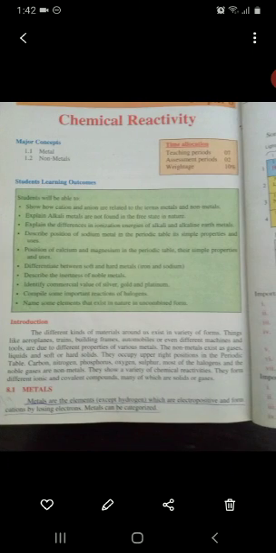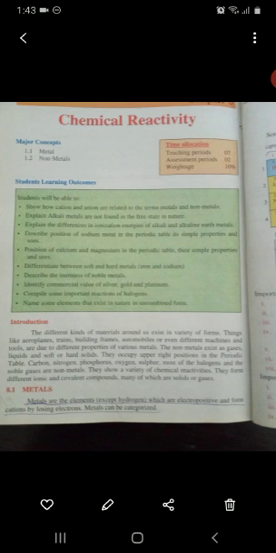You can see the definition of metals on page number 138, which is highlighted, and the definition of metals is that metals are the elements, except hydrogen, which are electropositive and form cations by losing electrons.